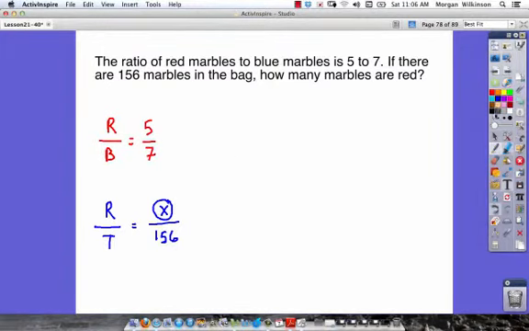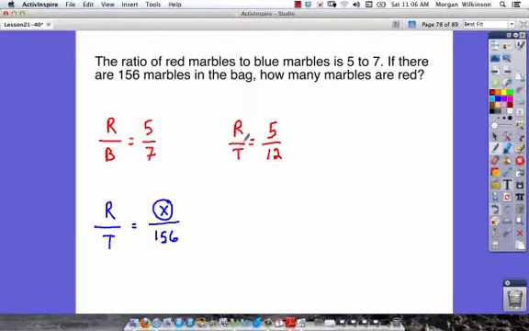In order to write a proportion for this, we don't need the 5 to 7. We don't need red to blue. What we need is red to total, because we have 5 red for every 12 total marbles, because 5 plus 7 is 12.